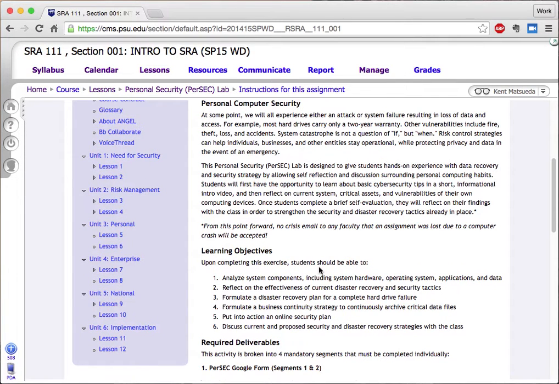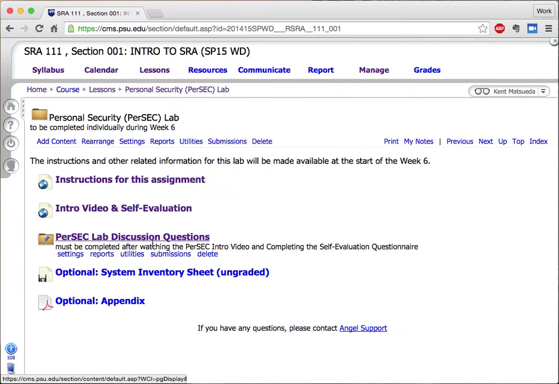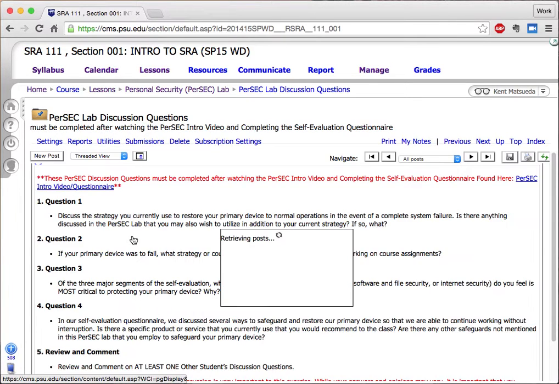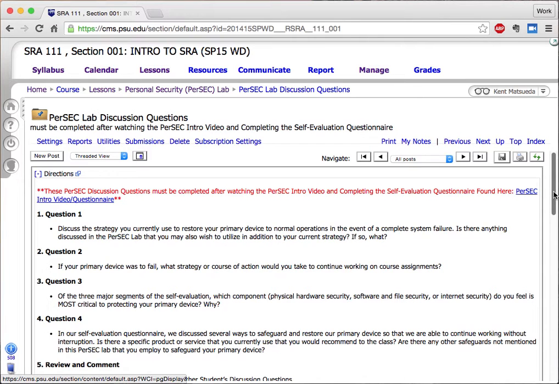In the original PerSec Lab, they're filling in things in a personal way and sending things to me, but in the PerSec Lab that I altered, the idea was that students could take the information they're entering and discuss it with other students in the class, so they could get used to speaking to more than just their team, or just working by themselves, and get more involved.